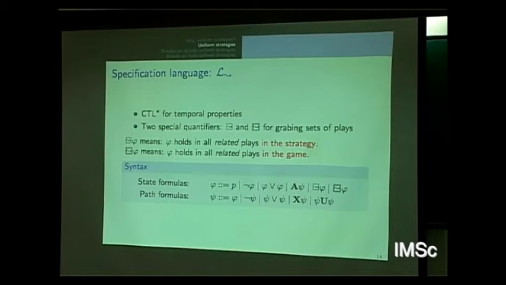All formulas will be evaluated in a given strategy, and this means that you quantify over all related plays, but only in the strategy. This one, the full quantifier, means that phi holds in all related plays in the game, not only in the current strategy under evaluation. We'll see why we may want to use this.